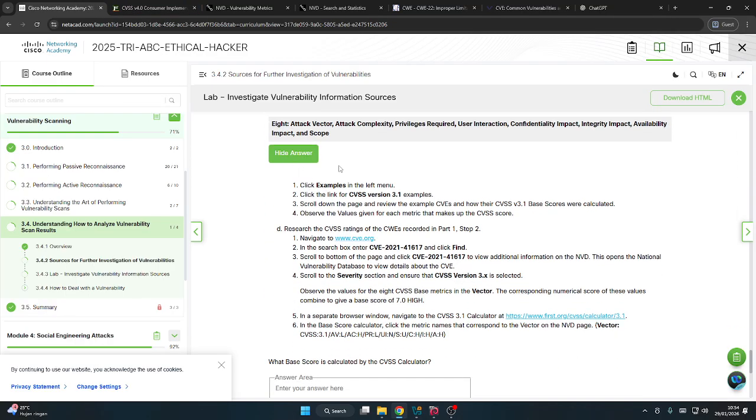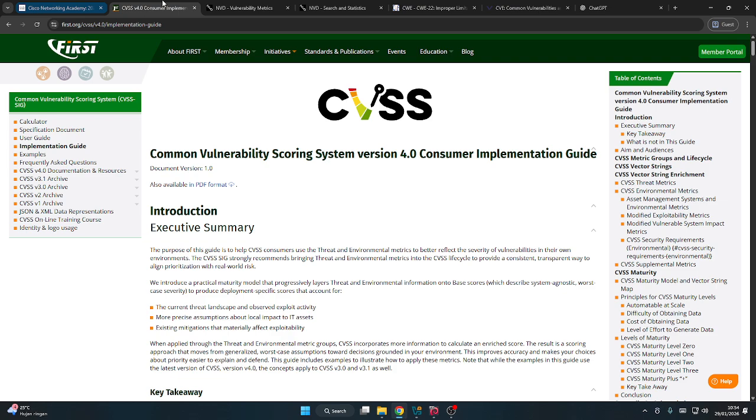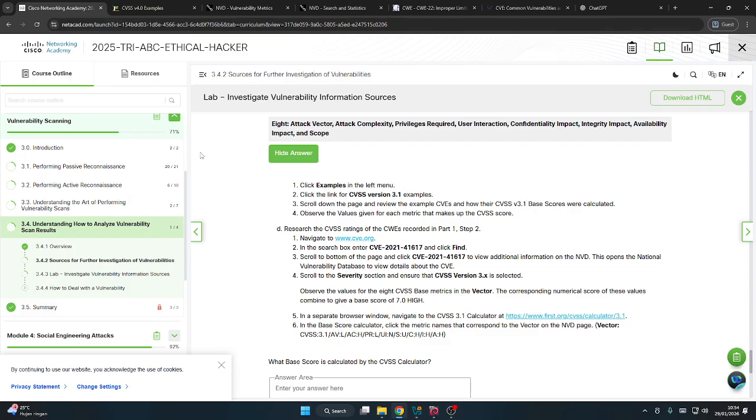Next, click examples in the left menu. Click on the link for the CVSS version 3.1 examples. Go down the page and review the examples of CVEs and how their CVSS 3.1 base scores were calculated. Observe the values given for each metric.